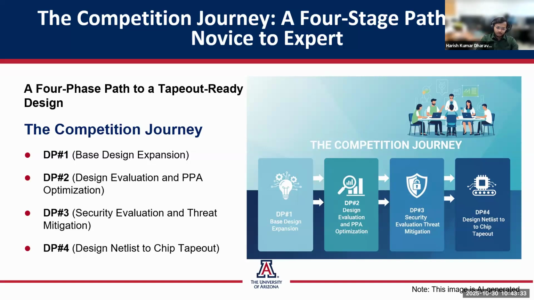We are going to provide you with example modules as to what kind of application or expansion you can add to your base design, and you have the total freedom to choose or suggest what it is. Then you move on to DP2, where once you've created your base design with your additional module, you're going to optimize it in terms of power, performance, and area, and make sure it runs better.